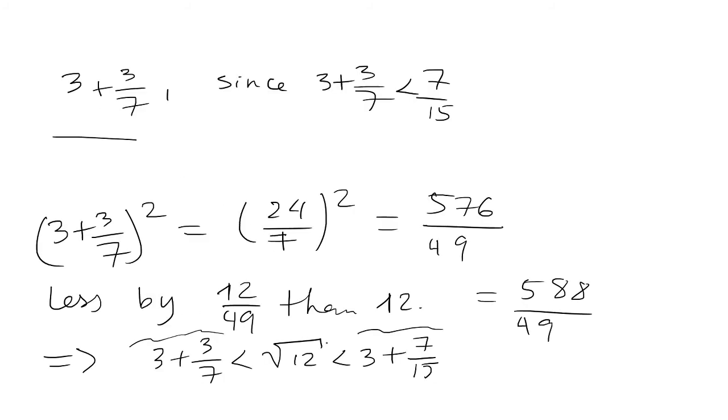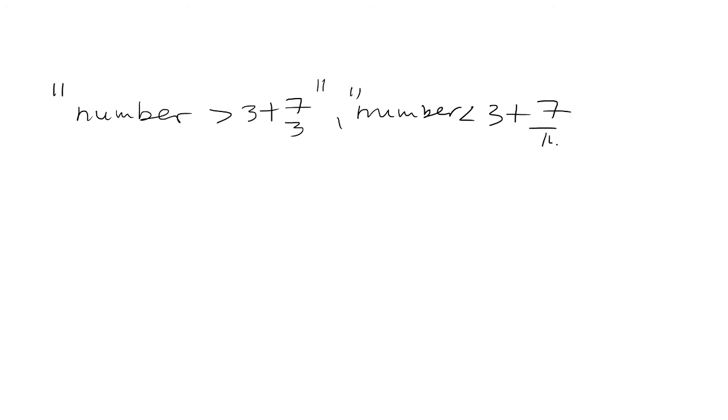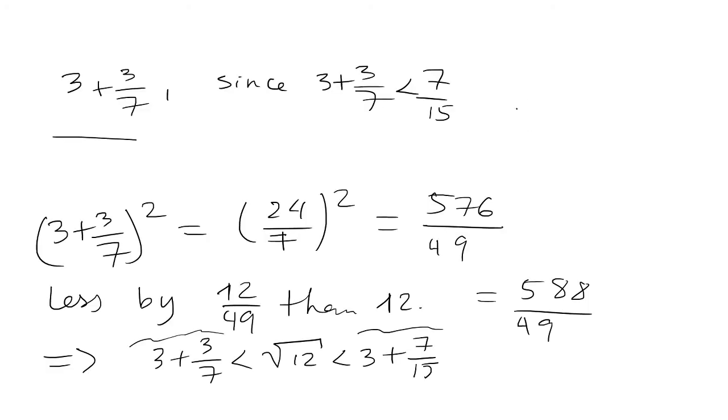So yet again, let's try with another number. We want to find a number in between the two bounds right here, okay? So let's pick a number which is greater than 3 plus 3 divided by 7, but also smaller than 3 plus 7 divided by 15, simply because we want to be in between this lower bound and the upper bound.